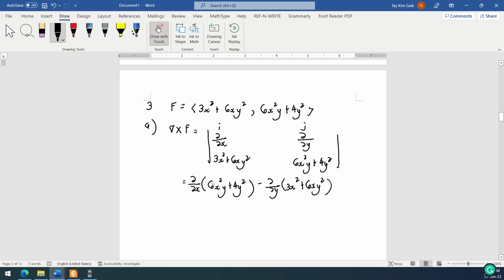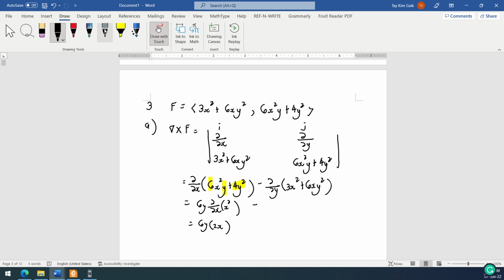When you del x, y is constant, so that's why we have del x of 6x squared y. 6y is constant, so you factor it out, you got 6y, then del x of x squared. When you del x of 4y squared, you have 0. So this one is 6y times 2x.